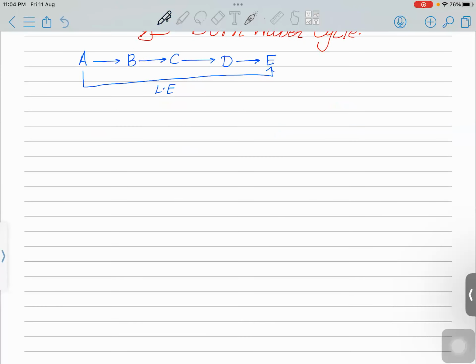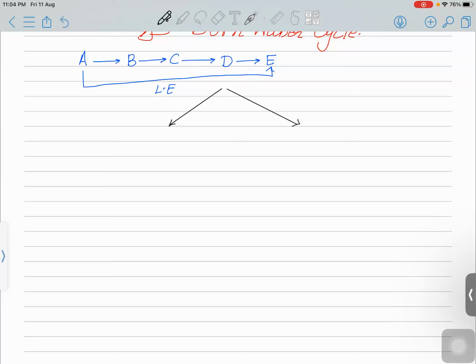Now, there are two types of Born-Haber cycle. Alia, this is my chemistry, which is called my cognitive method. The chemistry is the same, but the methodology is different. So I divide the Born-Haber cycle into two types.